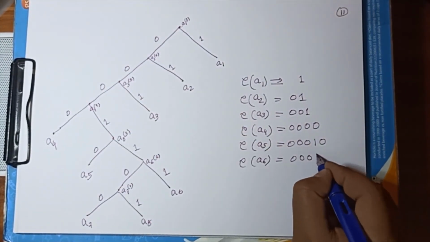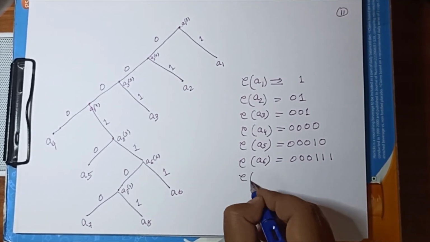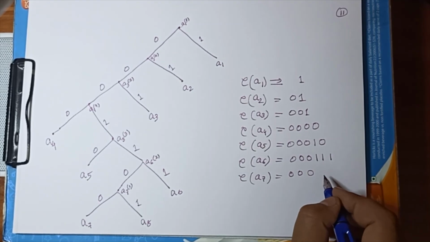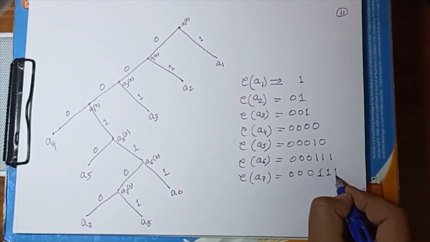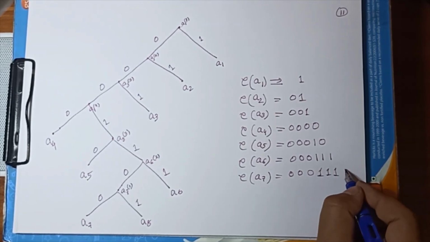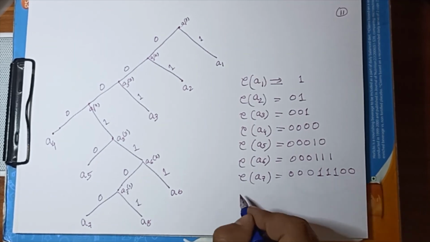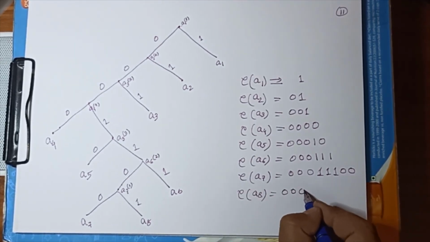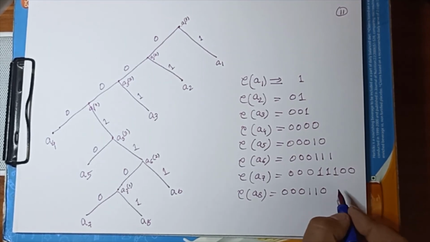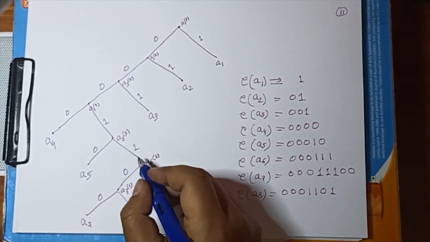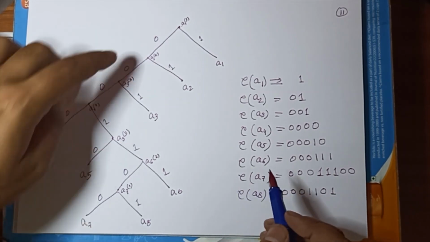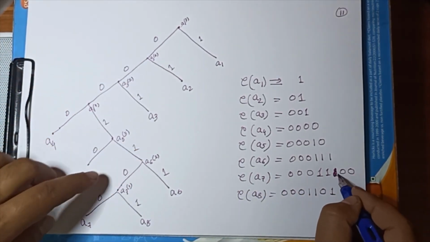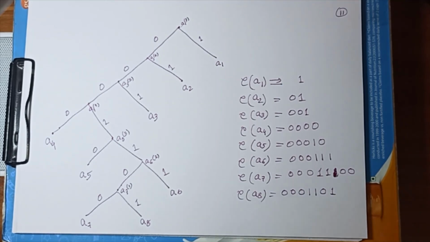Code of A7 is 0, 0, 0, 1, 1, 0, 0. Code of A8 is 0, 0, 0, 1, 1, 0, 1.